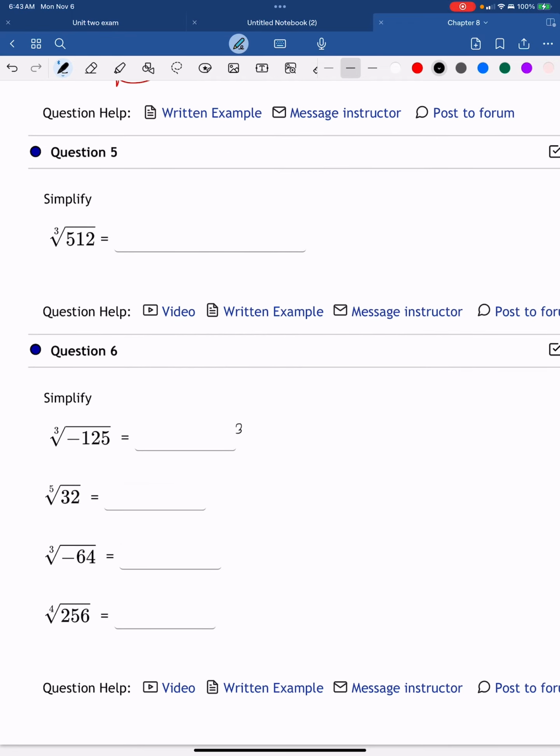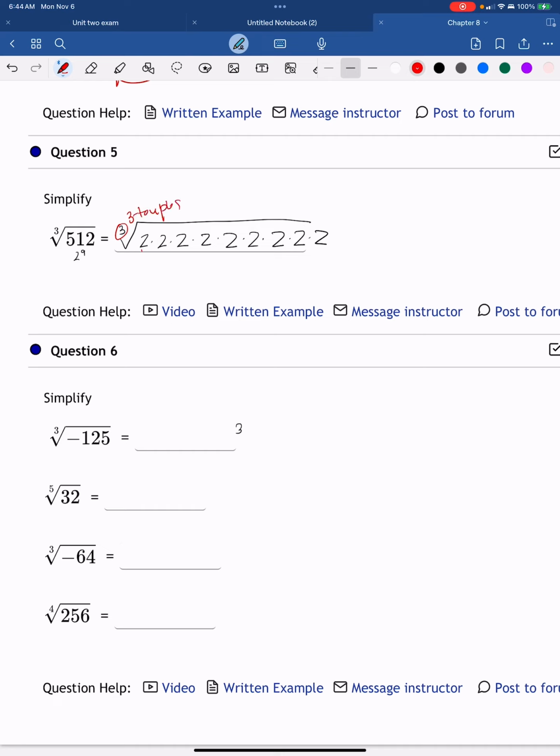512 is 2 to the 9th. So that means I need 9 of these. 1, 2, 3, 4, 5, 6, 7, 8, 9. Here I'm doing 3-tuples.